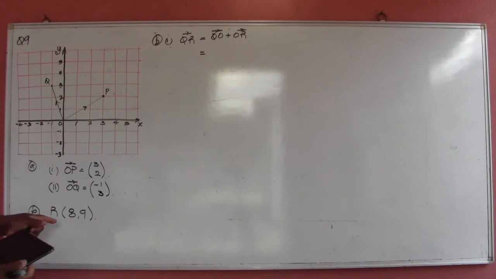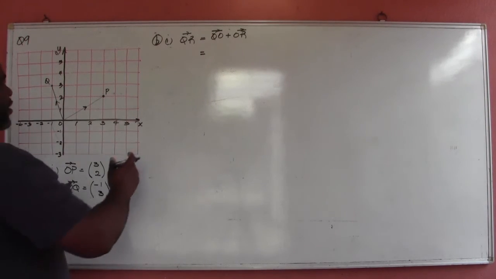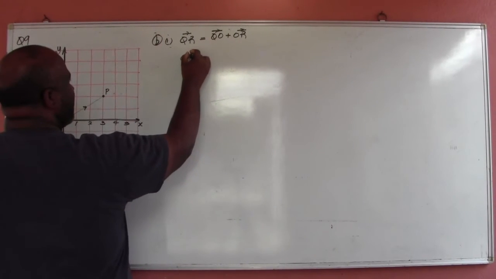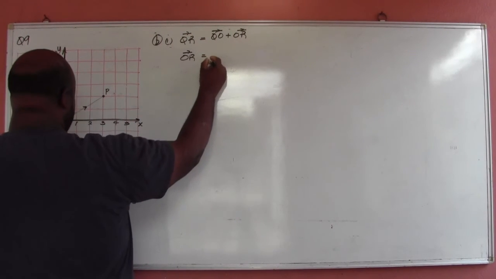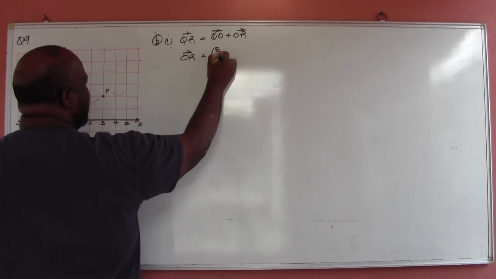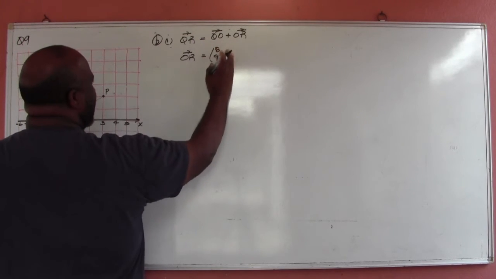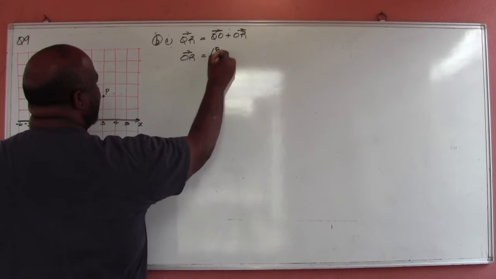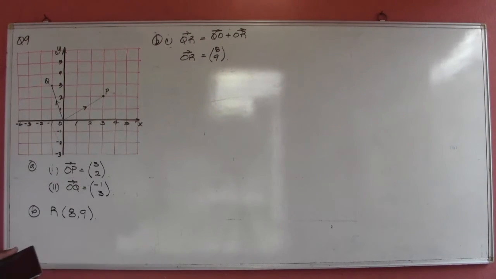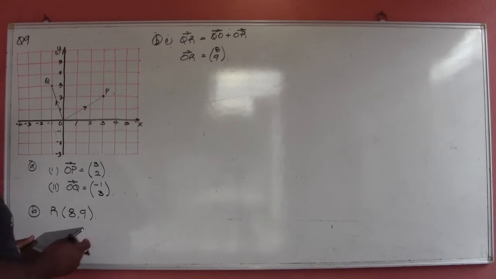We know OQ already. First of all, OR is (8, 9). OR is the position vector of the point R, and we already established that the position vector and the coordinates have the same value. So since R is the point (8, 9), the position vector OR is also (8, 9).